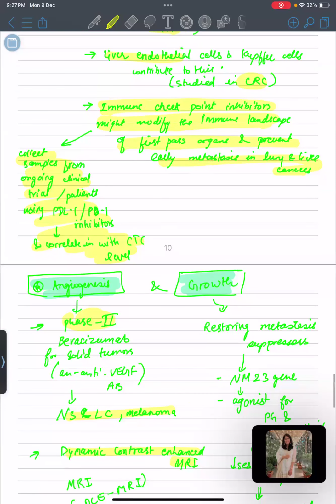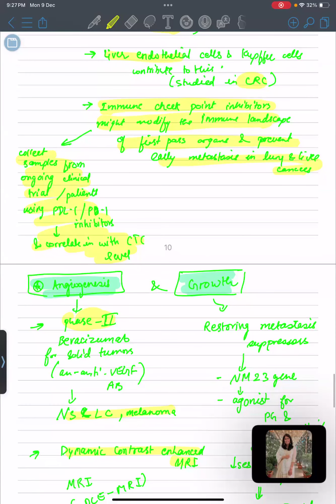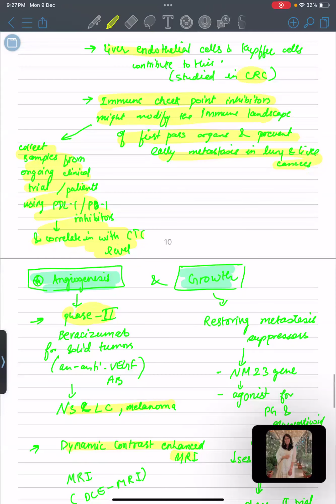A cross-sectional study in this aspect would be: you can collect samples from an ongoing clinical trial or patients using a PD-L1 inhibitor or any immune therapy and see whether that correlates with the CTC level in the blood.